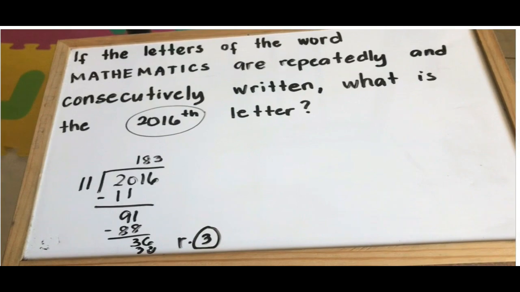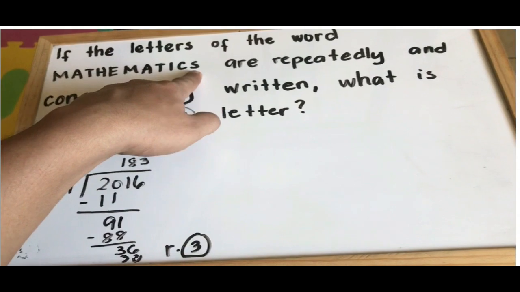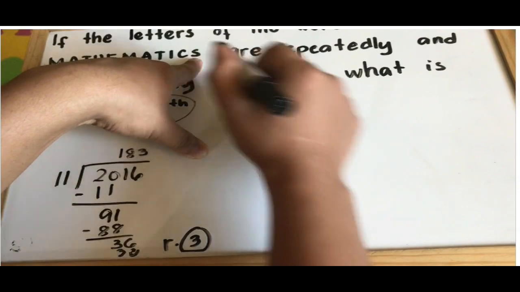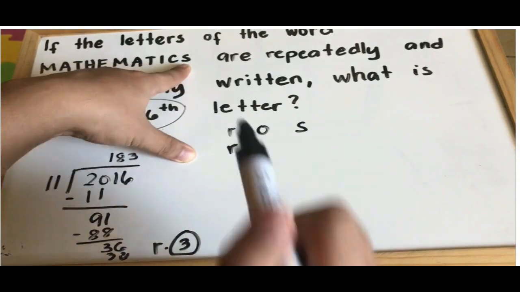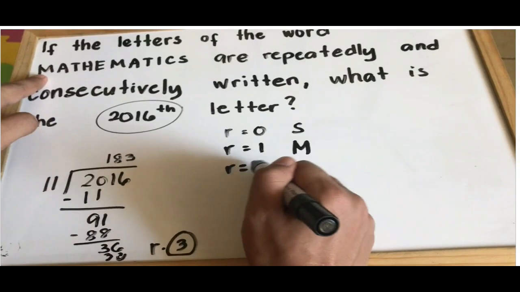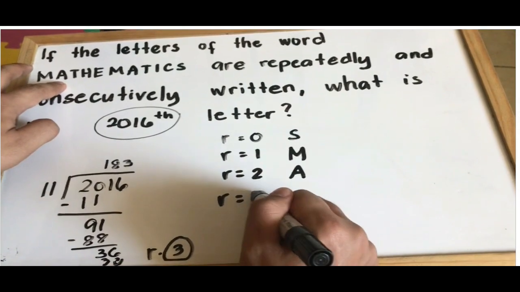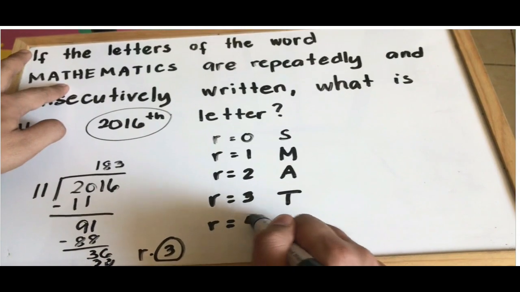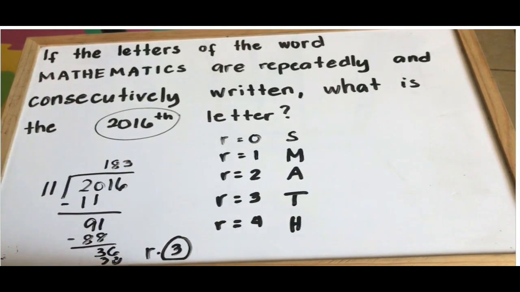So, ang rules natin dyan, kapag ang remainder natin ay 0, S. Okay. Kapag ang remainder natin ay 0, so, yun ay, ang letter natin is S. Kapag ang remainder natin ay 1, ang lalabas ay M. Kapag ang remainder natin ay 2, ang lalabas ay A. Kapag ang remainder natin ay 3, lalabas ay T. Kapag ang remainder natin ay 4, ang lalabas ay H. So, sa case na to, ang pang 2016, ang remainder natin ay 3.